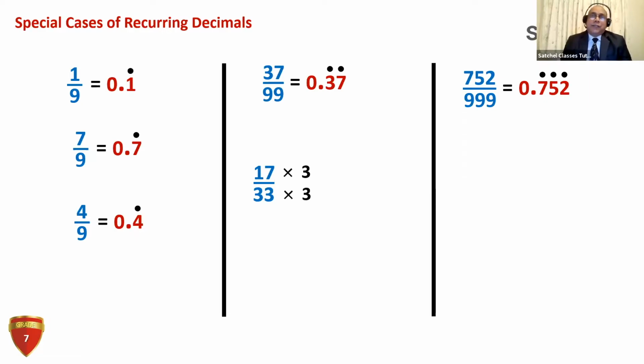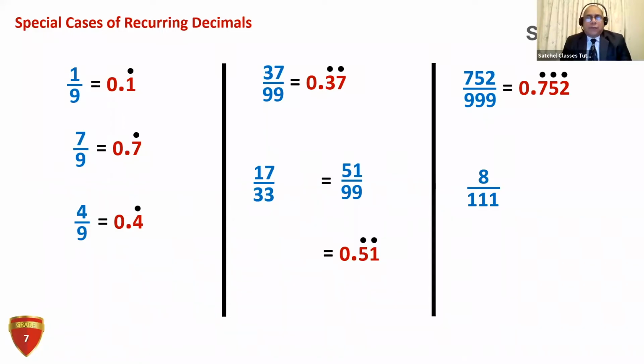For that, I need to multiply 17 and 33 both by 3. So I will get 51 over 99. And this is like my old fraction, which can be converted into a recurring number. Because we have two digits, 5 and 1, divided by 99, both the digits 5 and 1 will keep recurring, which means 0.51, both 5 and 1 recurring.